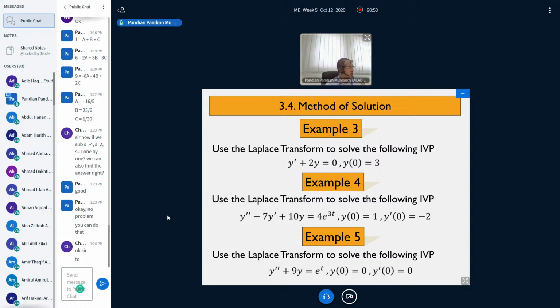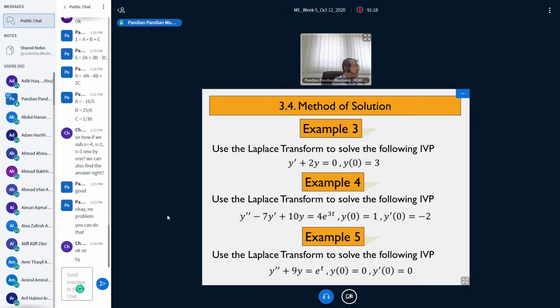Equation number 7, cosh kt, inverse Laplace of s over s square minus k square. You must be familiar with this and you must quickly refer to this. Otherwise, we cannot find inverse Laplace. So these 7 formulas, including hyperbolic formulas, sin and cos, you must be very familiar.